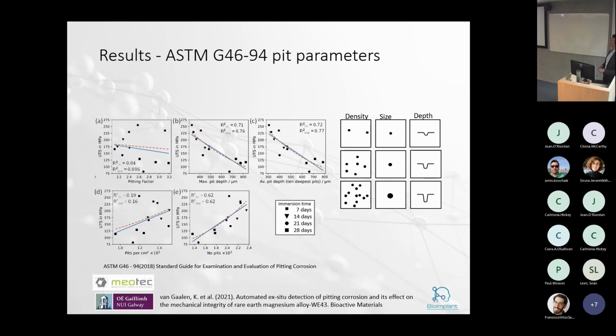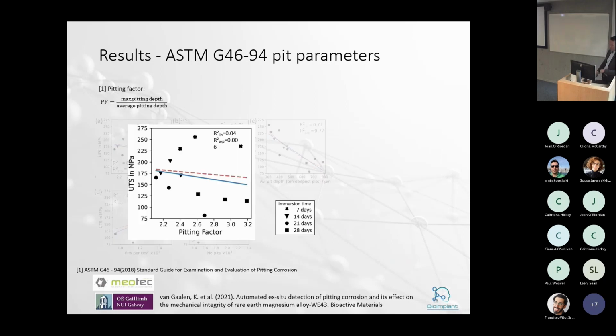And what we were able to do with that then is, because we have the geometric data and because we have the mechanical data, we can start to relate spatial data to mechanical properties. What we looked at first was some of the ASTM standards. We looked at plotting specimen strength versus the various pit density, pit size, and pit depth parameters.